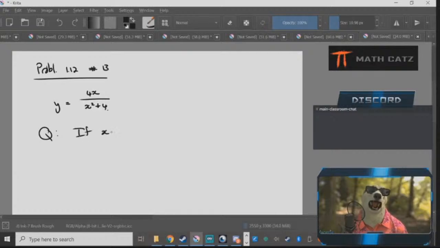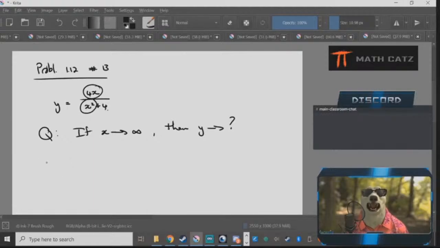If x approaches, in this case, infinity, then what is happening to y? So hopefully you feel that this question, because I understand polynomials, is really not difficult at all. I simply look at the ratio of leading terms.